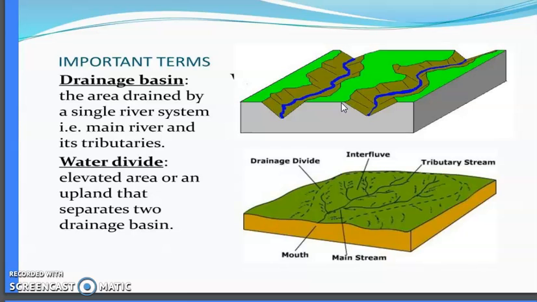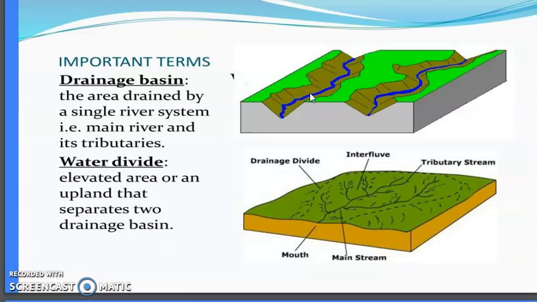Besides these, there are also some terms like the catchment area. What is the catchment area? Suppose this is a river, it collects water either from a glacier or from rainfall.